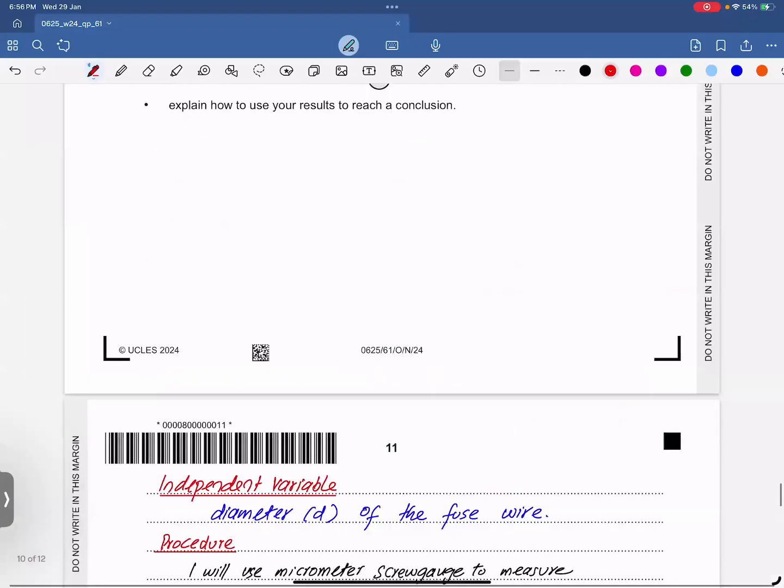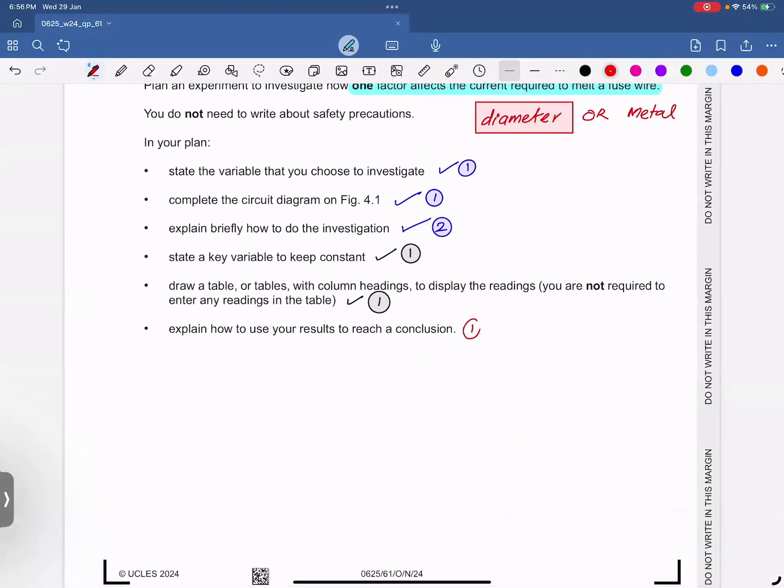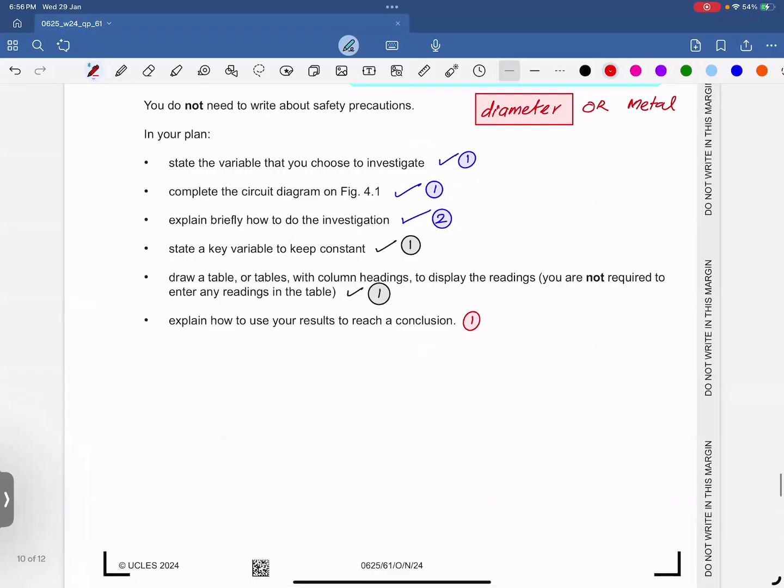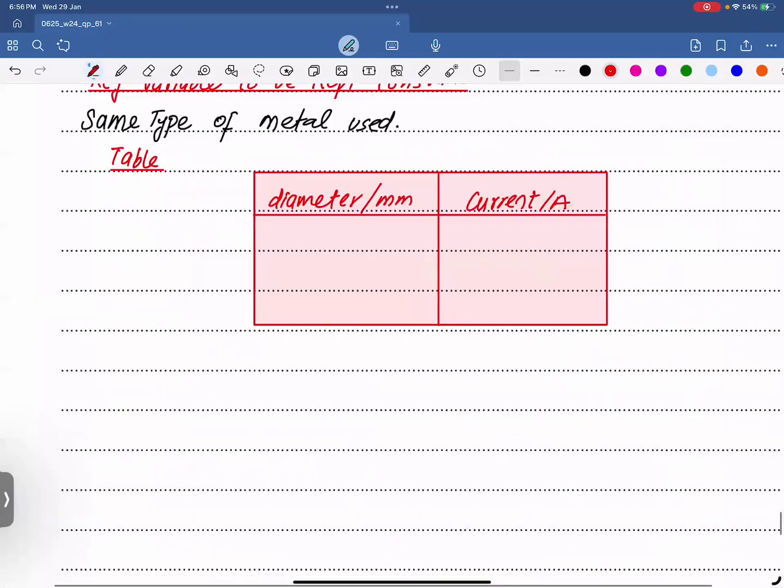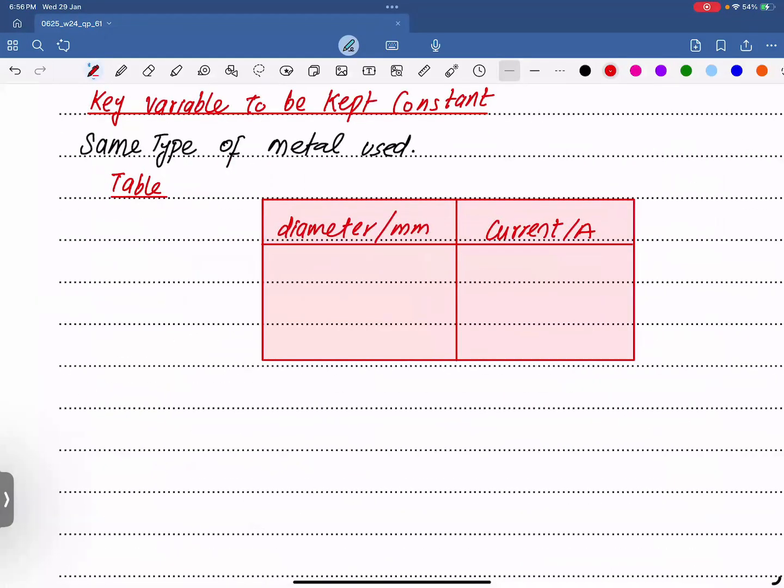After this, the last part is 1 more mark and you get the 7 out of 7 marks. It is how would you use the results to reach conclusion. So here you go. Conclusion. Again, make a tab. Right.